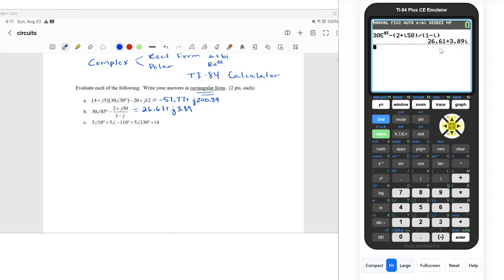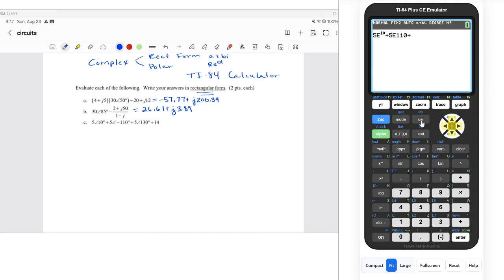All right. The next one, we're going to use our shortcut here where we do 5, alpha E, put in the angle, 10, plus, see, I got to get out of the exponent, plus 5 E minus 110 plus, oops, I need that minus 110 to be in the exponent.